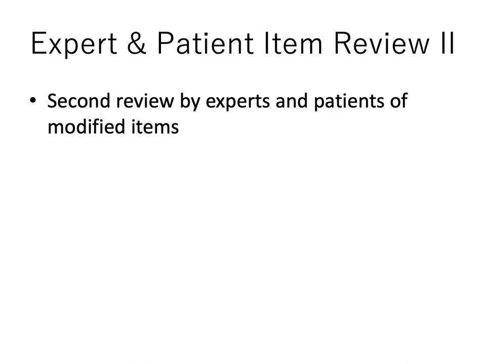After that happens, a second round of expert item review and a second round of patient cognitive interviews should also be conducted with the newest set of items. This process should continue for as many reviews as necessary until final items have been decided upon.